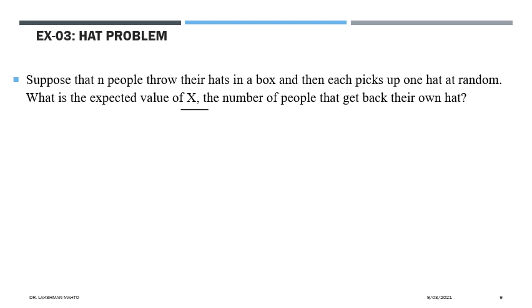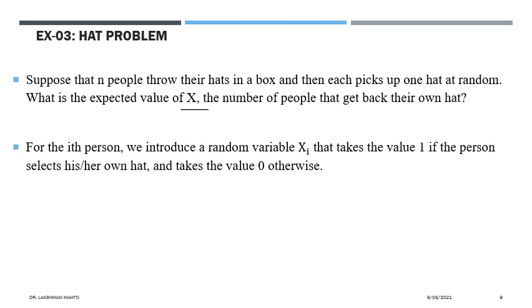To solve this hat problem we again introduce Bernoulli random variables. For the ith person, we introduce a random variable xi that takes the value 1 if the person selected his or her own hat, and takes the value 0 if that person failed to select their own hat.